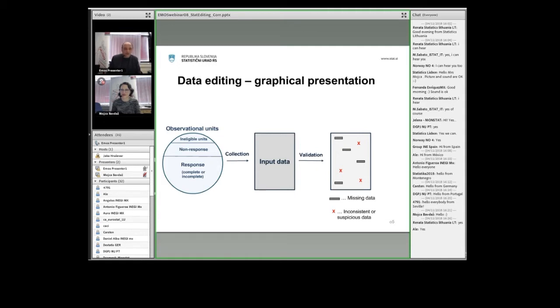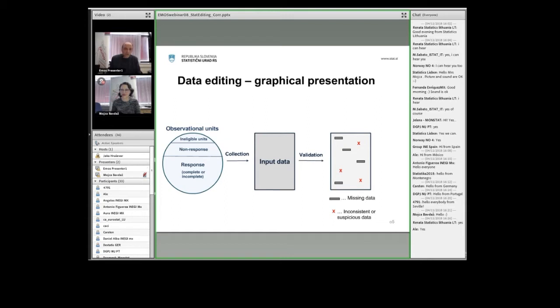Just a short remark. I am now referring only to the situation which is called usually the post-collection editing. We will not deal in this presentation with the editing that is included in the data collection, the one that I already referred to before, so the data editing that is included in, let's say, web questionnaires.